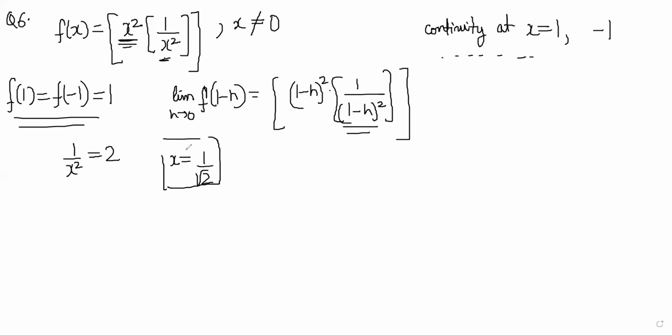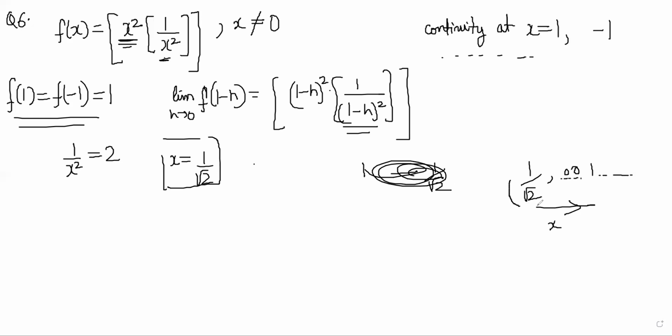So from 1 by √2 to 1, as the x values are increasing, we know that near 1 it was 0, no? But at 1 by √2, the value is what? It is still 0, no?